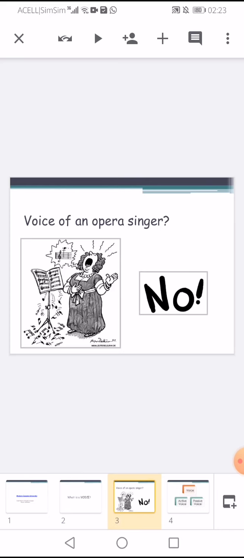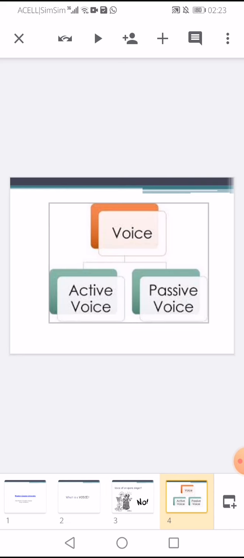Exactly no. So what is it? Voice is the form a verb takes to indicate whether the subject of the verb performs or receives the action. It refers to the structure of a sentence. There are two types of voice, active voice and passive voice, as you see from the slide.